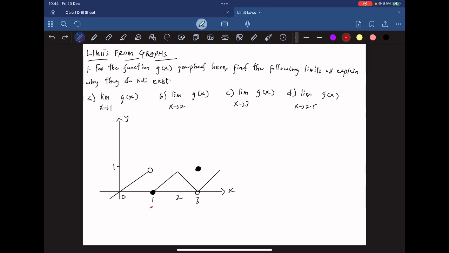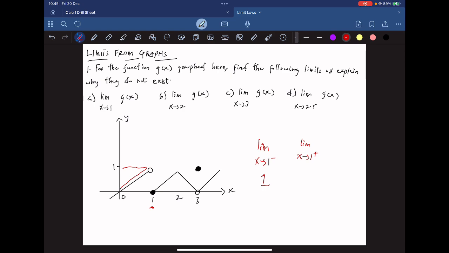When x approaches 1, we want the limit as x approaches 1 from the left and the limit as x approaches 1 from the right. If we are approaching 1 from the left, we see that it goes up to 1.